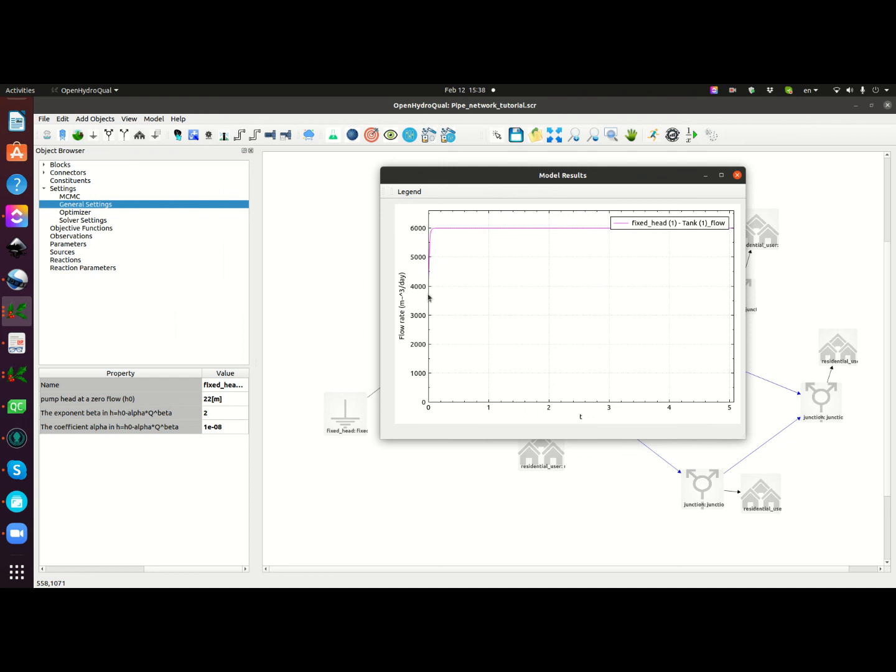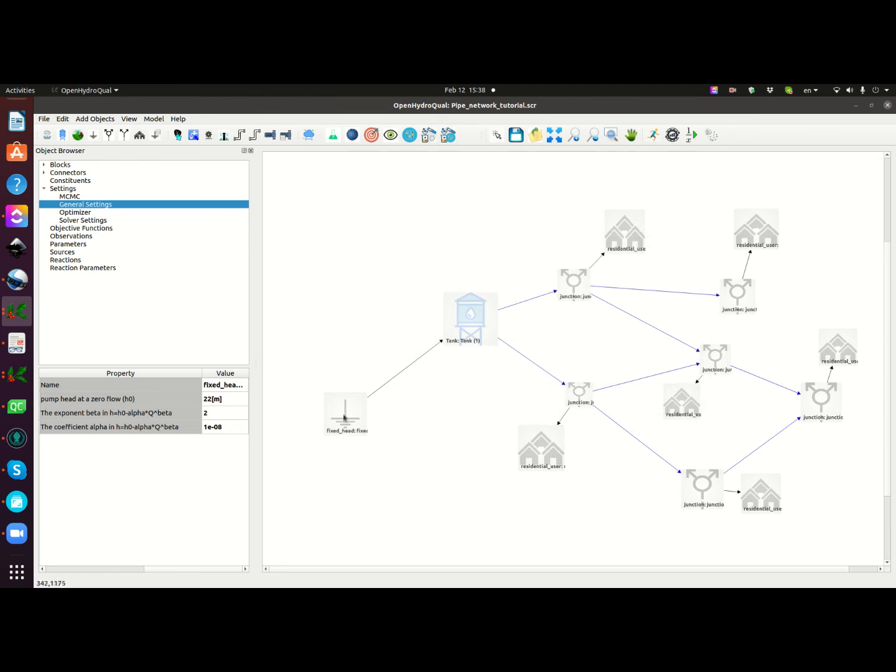The reason for that is that the head of the water in the tank is higher than the equilibrium head. So then we reach an equilibrium where the flow that the pump is pumping into the system is going to be 6,000, and that's how much we need.